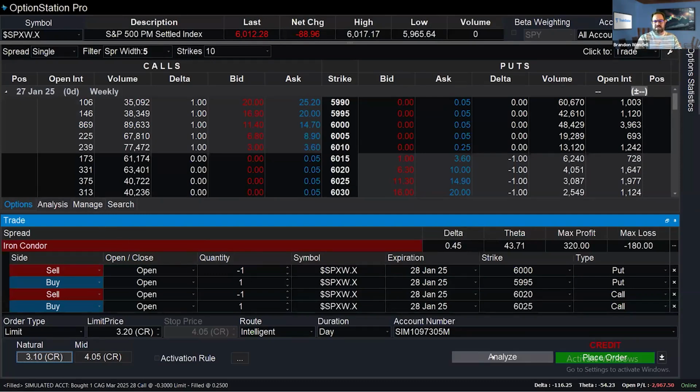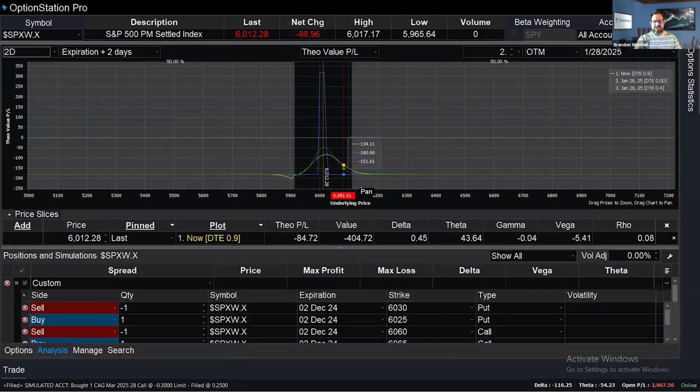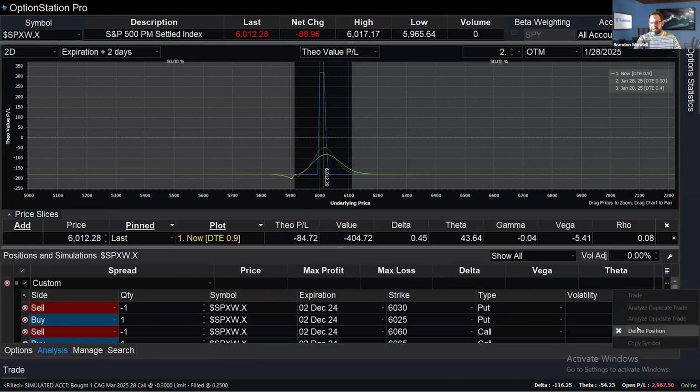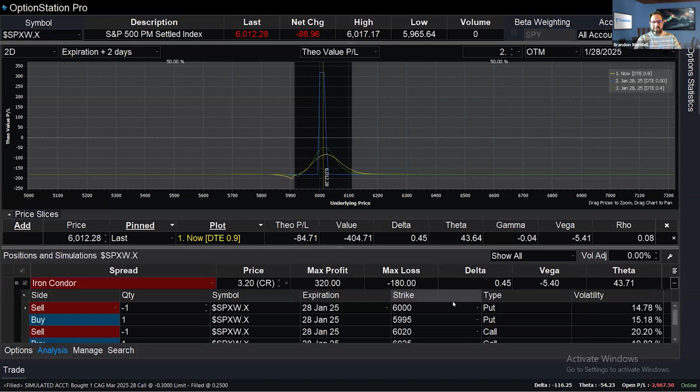So again, if I'm looking at tomorrow, the 28th, let's go to analyze here. And here I am in analyze, I believe. Is this set up right? Hang on, let me get rid of one of the trades that I don't need. There we go.